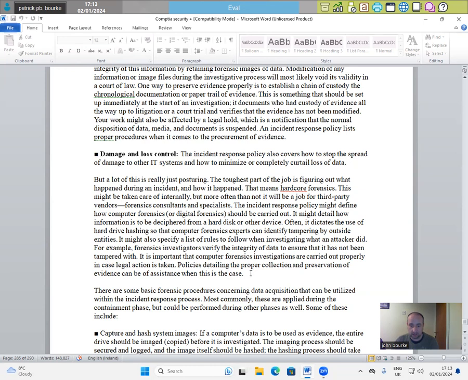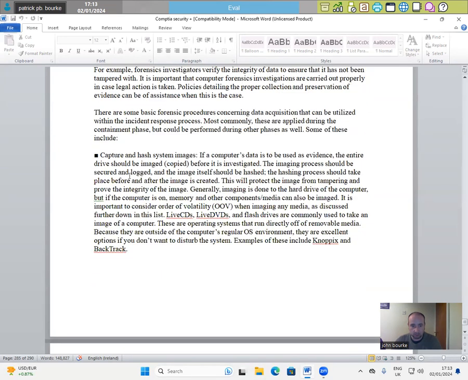Policies detailing the proper collection and preservation of evidence can be of assistance when this is the case. There are some basic forensic procedures concerning data acquisition that can be utilized within the incident response process. Most commonly, these are applied during the containment phase, but could be performed during other phases as well.